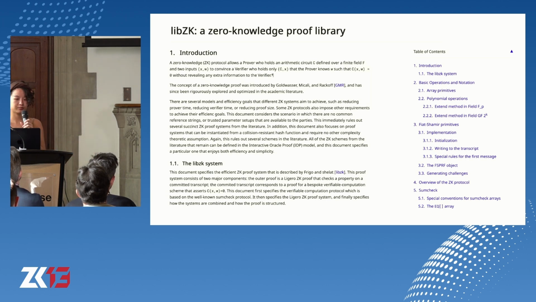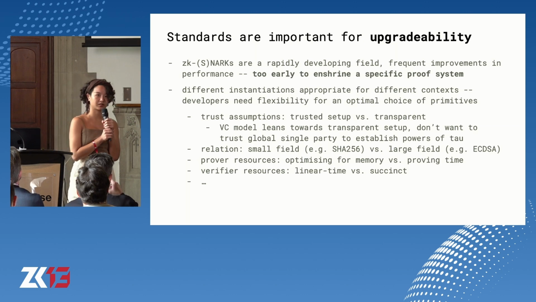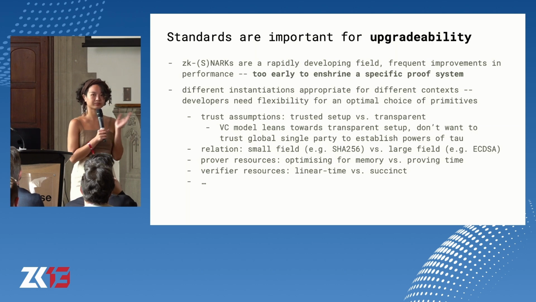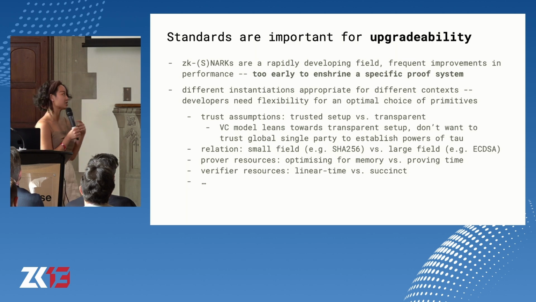But even today we saw like Ligerito came out and it shrinks the Ligero proof size for very little overhead. And this field is developing very fast. It is too early to enshrine, to ossify a specific instantiation.